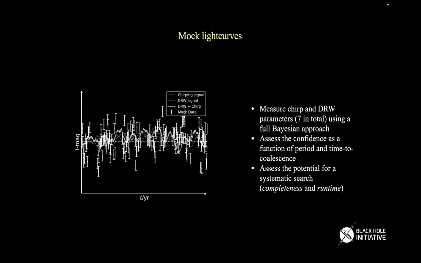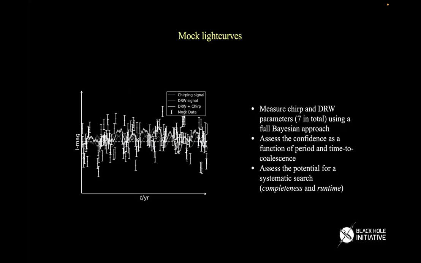The goal is to measure 7 parameters, 5 chirp parameters, and 2 damped random walk parameters. I think people are familiar with damped random walk now, but I'll go over the 5 chirp parameters in later pages. The most important parameters I'm studying here are the binary signal amplitude, which is A, frequency, and chirp, so F and F dot here. I'm using a full Bayesian approach to do this task.